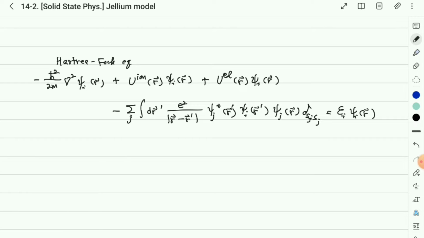Screening between electrons and positive ions screens out the total potential, so it can be considered as zero potential. Therefore, in this case, the wave function can be considered a free-electron extended state, a plane-wave-like wave function, which we call the Jellium model.